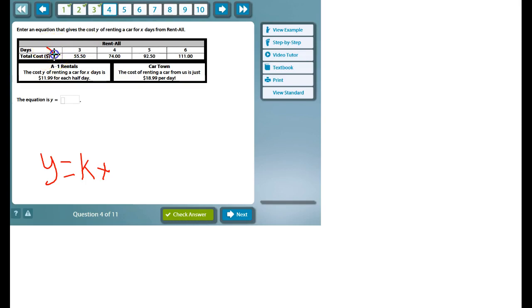Time is independent. Time is x. Cost is y. Why do they always flip that on us? It's always upside down, it seems like. So if we're going to find what k equals, y over x. So y needs to be on top. So y is 55.50 and x is 3.